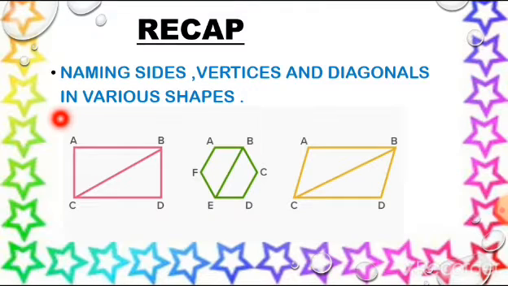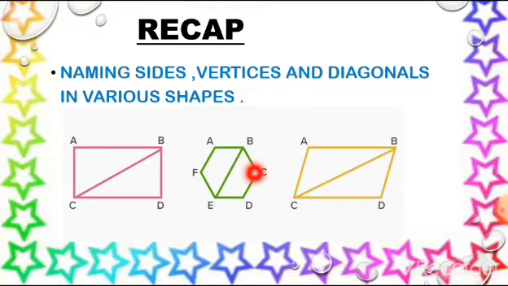Now, which are the vertices? Yes, A, B, D, C. So, you can write vertices are A, comma, B, comma, D, comma, C. Okay, now look at the next picture. Here, first you name the sides. AB is a side.